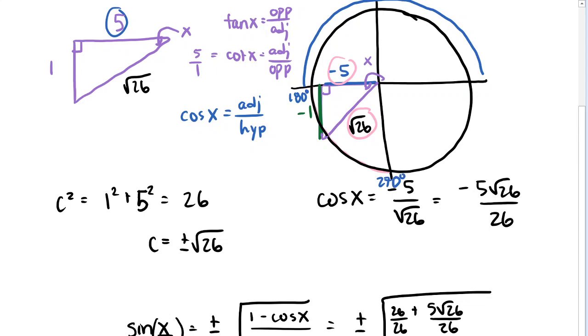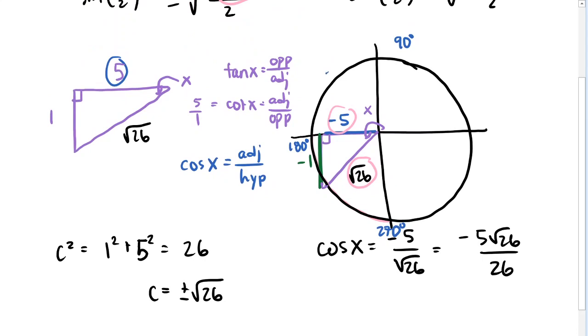If we take half of that, we're going to end up between 90 degrees and 135 degrees. So half of our angle is somewhere in here. X over 2 is somewhere in this region here as an angle.